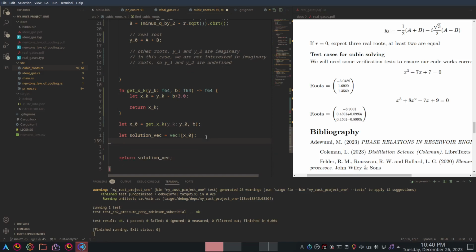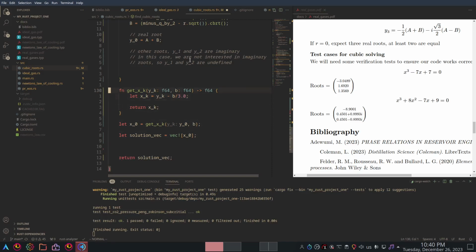The trouble with y1 and y2 is that sometimes y1 and y2 are undefined. This is the imaginary root.